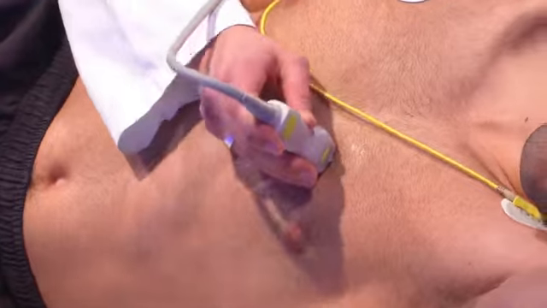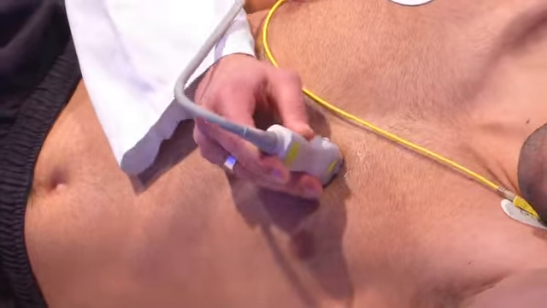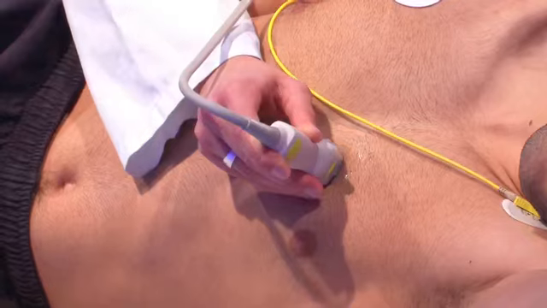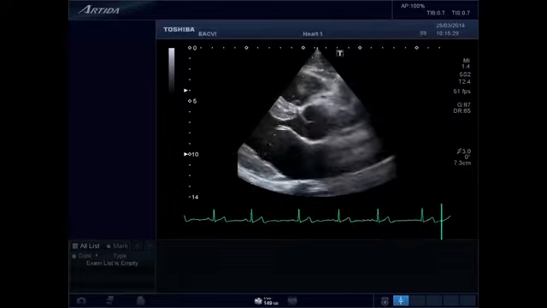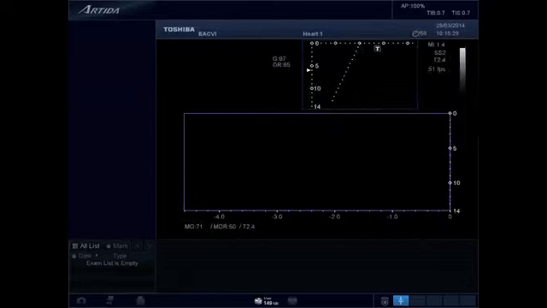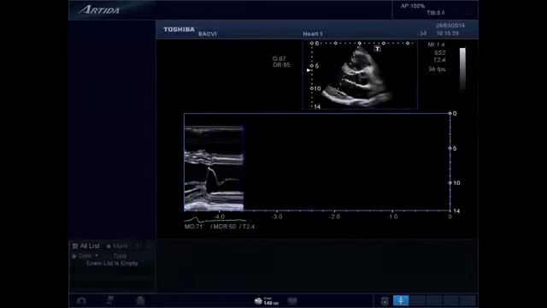So sometimes I have to push my patient and be a little bit closer to the sternum. So now I will have the Mmode acquisition.